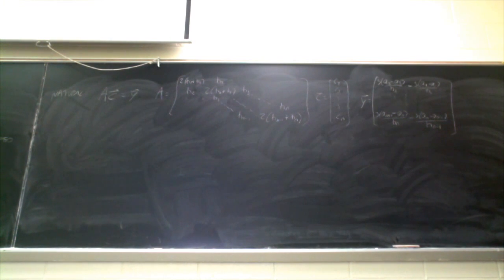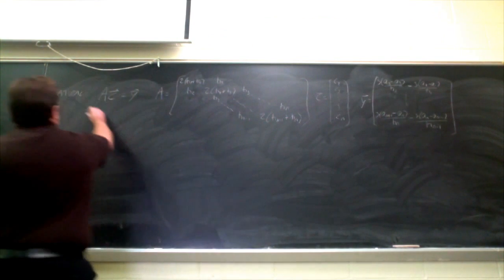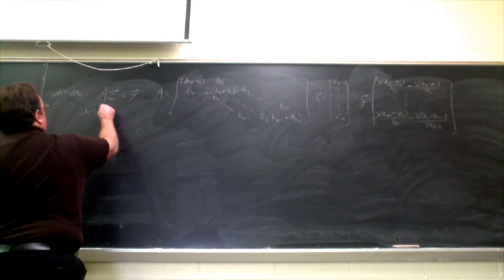And then once you have that, I've written on the other board how to get the D's. Okay, so we have Ai is y(i) minus 1.